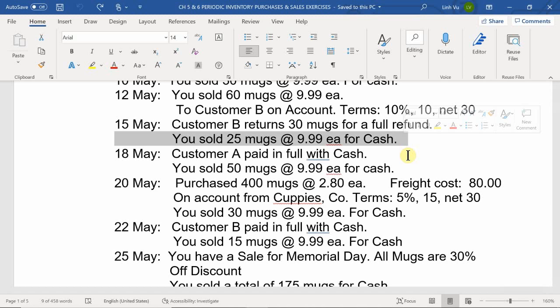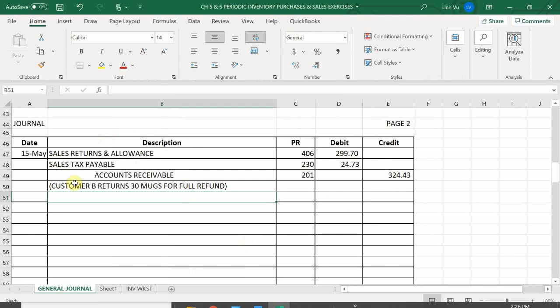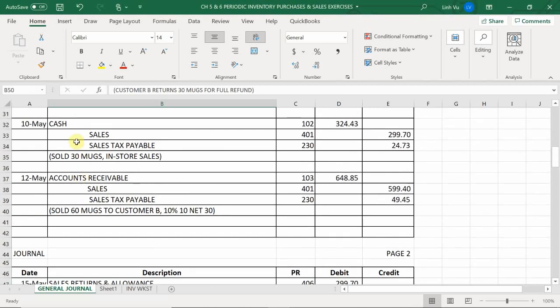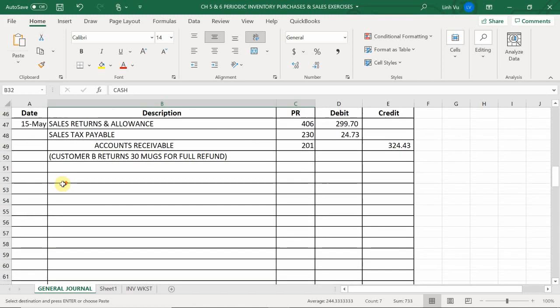So we have a cash. We got cash, good. Then sales, and then sales tax. So cash, sales, and sales tax. Good. And this is for the same day that customer B returned his mugs.